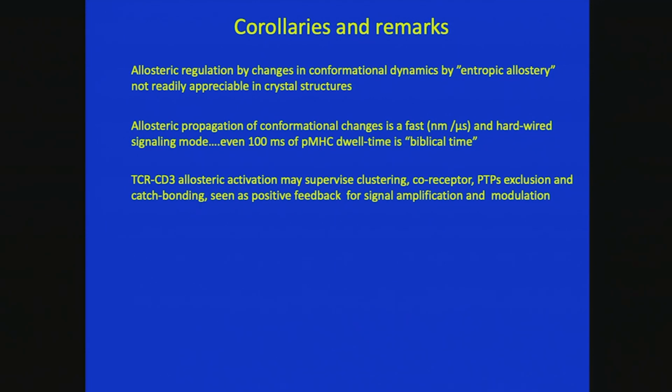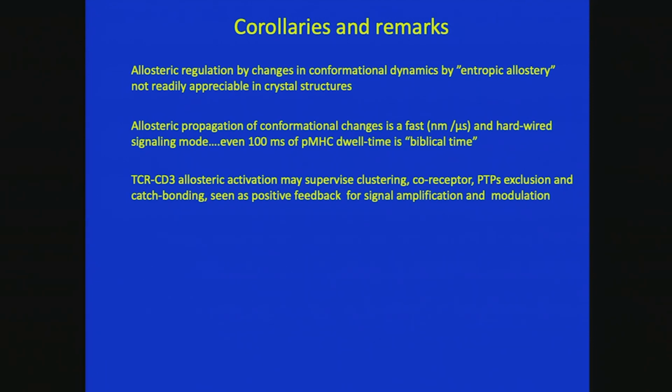The other thing is that we would like to think of allosteric activation, now think also about the NMR data of other people, and new data that just came out a couple of months ago that agree with us, as possibly the beginning of a cascade of events. First, a conformational change that travels very fast, but there are also co-receptors that can come. It is known that co-receptors approach signaling TCRs.